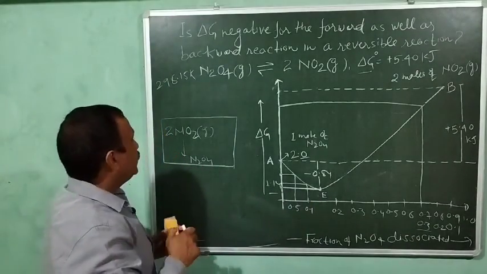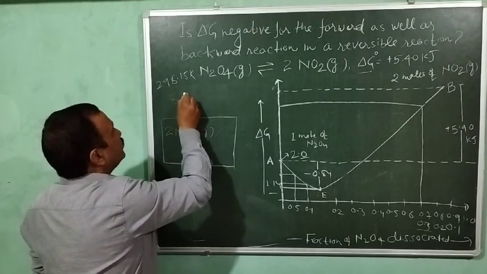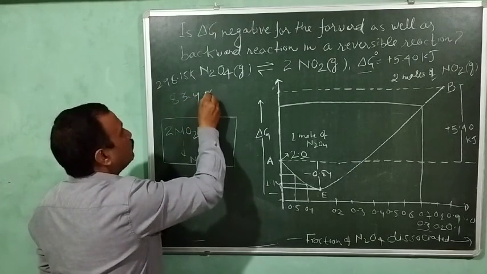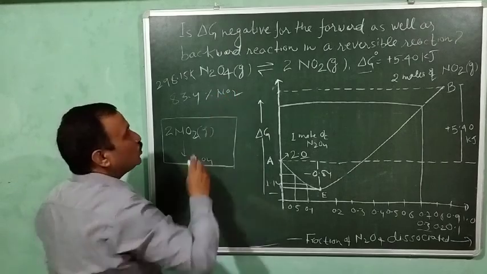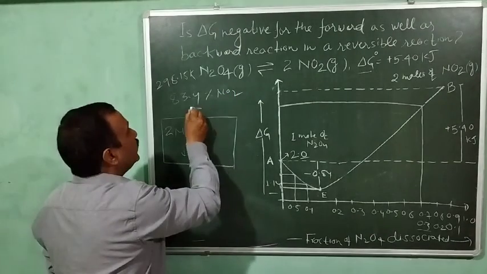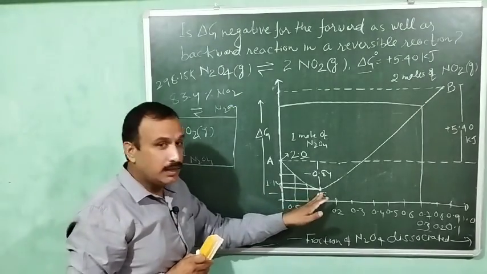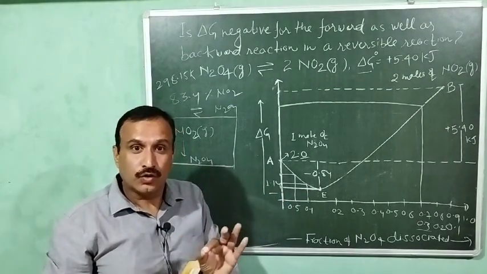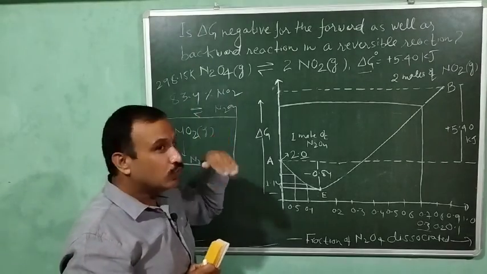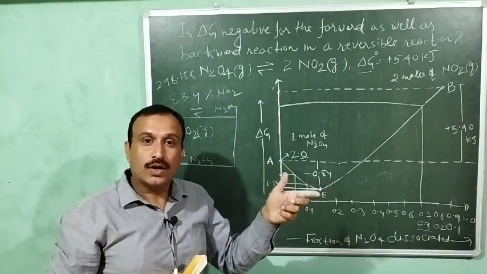And here, as I explained, 83.4% NO2 would have been converted into N2O4. इस पॉइंट E के ऊपर 83.4% जो NO2 है ना वो कन्वर्ट हो चुका होगा किसमें?